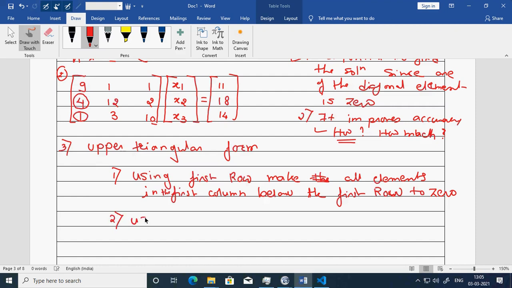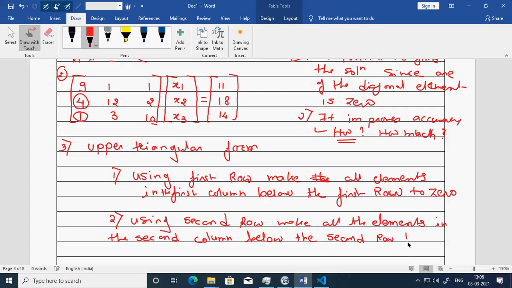Second is using second row, make all the elements in the second column below the second row to 0.